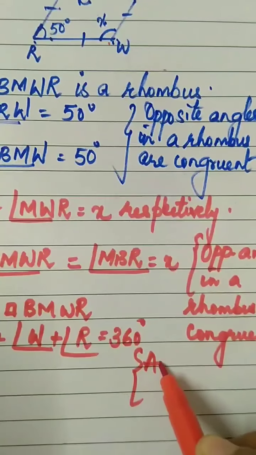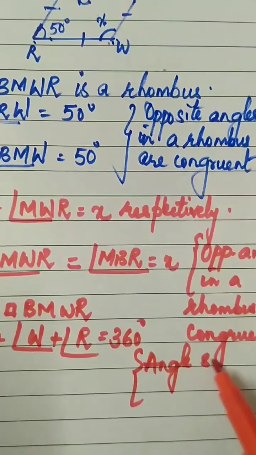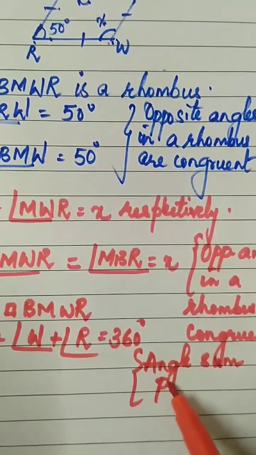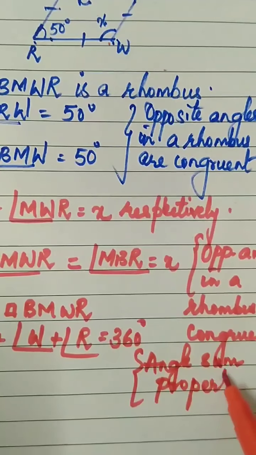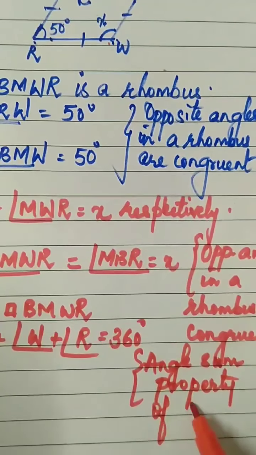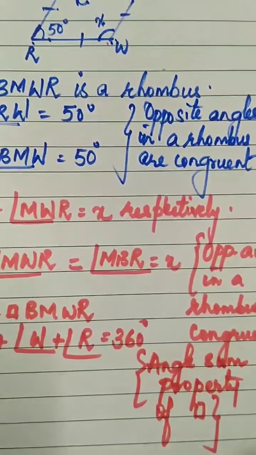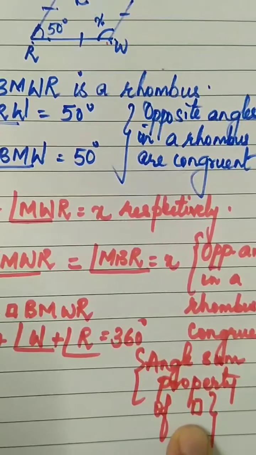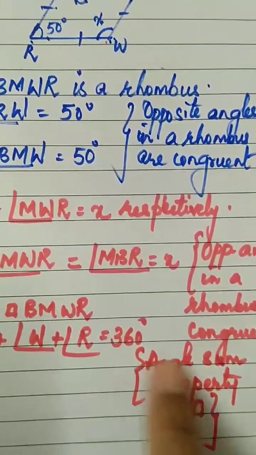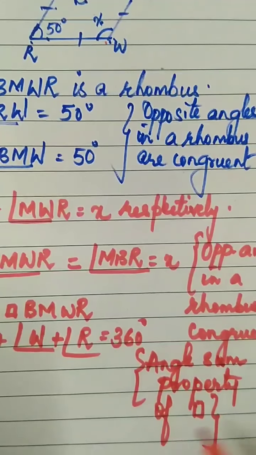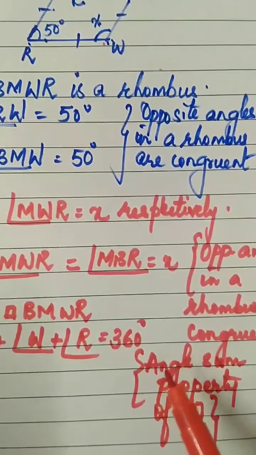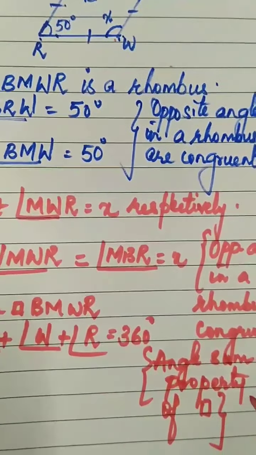Reason: angle sum property of quadrilateral. Or you can write sum of the measures of angles in a quadrilateral is 360.